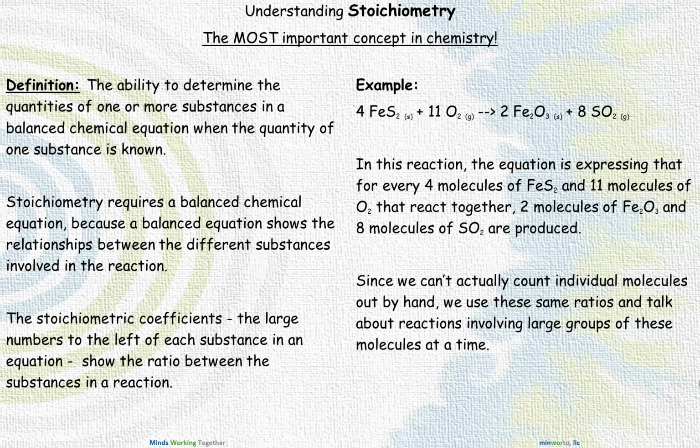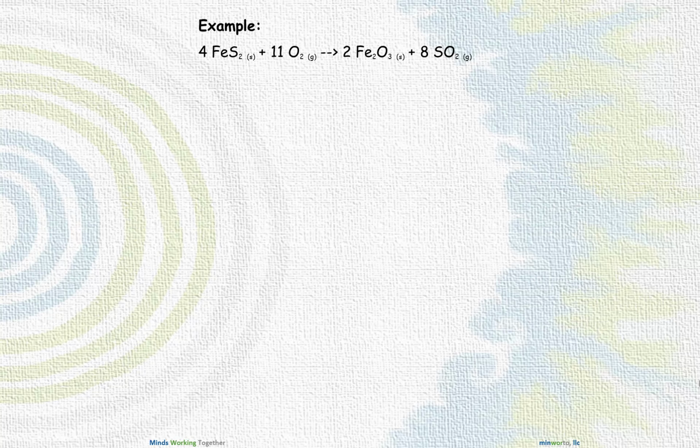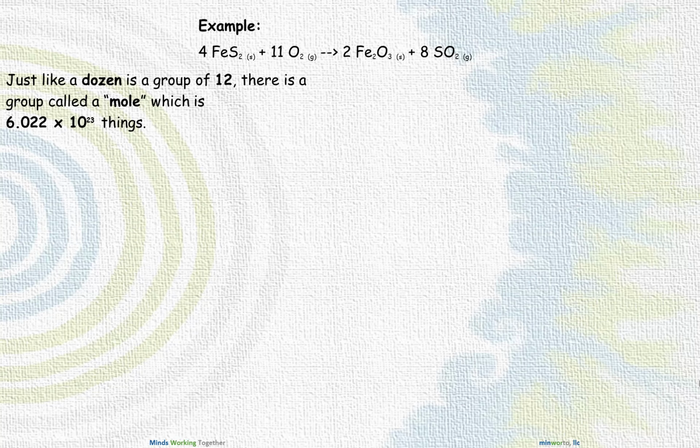Now, since we can't actually count individual molecules out by hand, we use these same ratios and talk about reactions involving large groups of these molecules at a time. Just like a dozen is a group of 12, there's a group called a mole, which is 6.022 times 10 to the 23rd things.